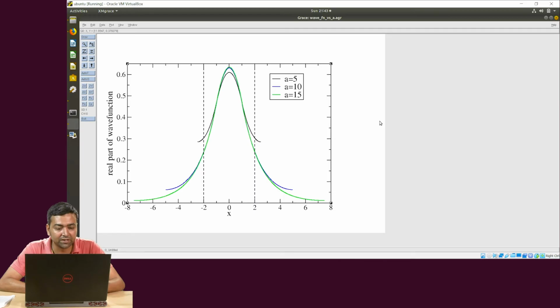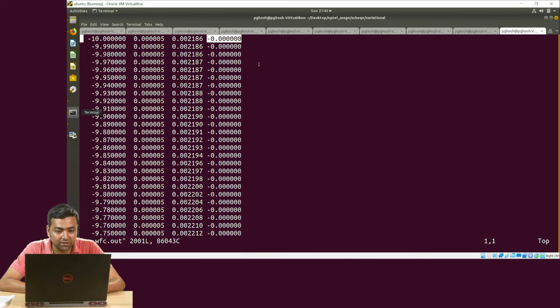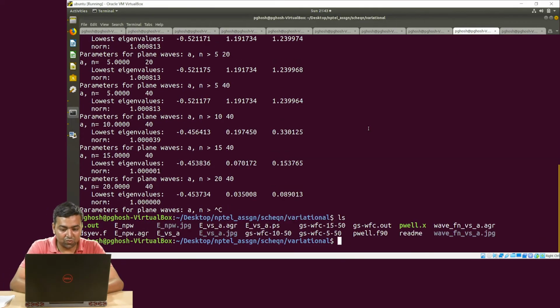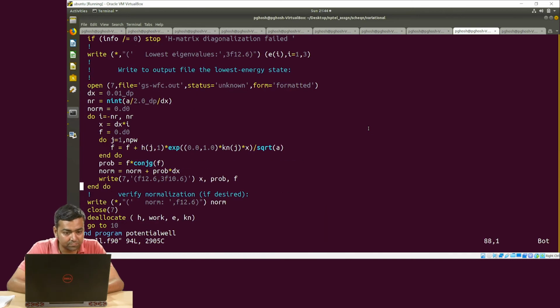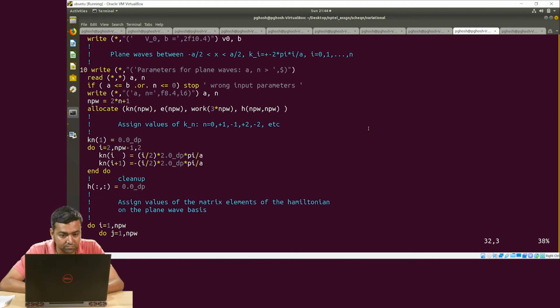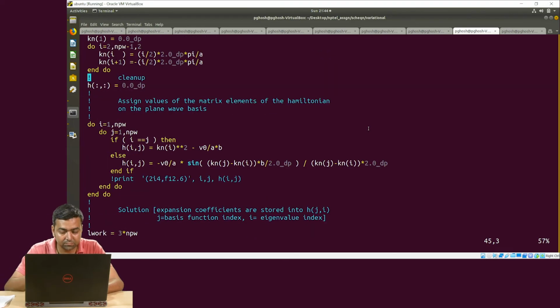Okay. So, this is the same potential, the actual raw data. But before that, let me just double check the code. Yeah, it should be minus 1 to plus 1.